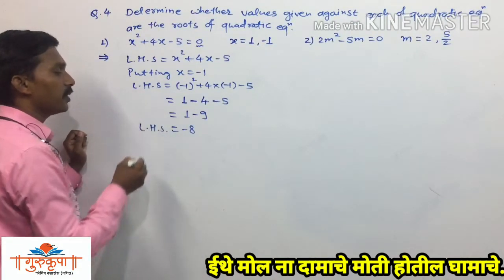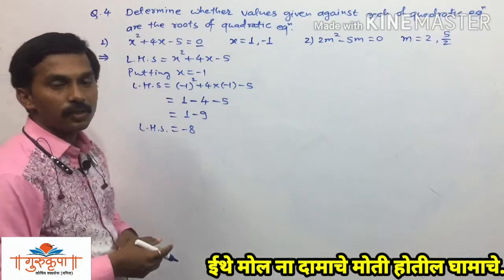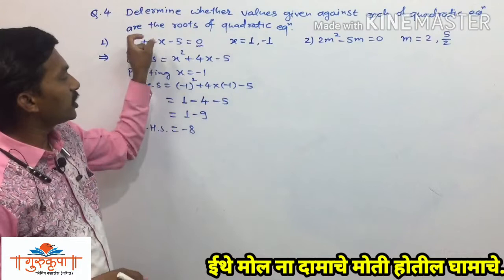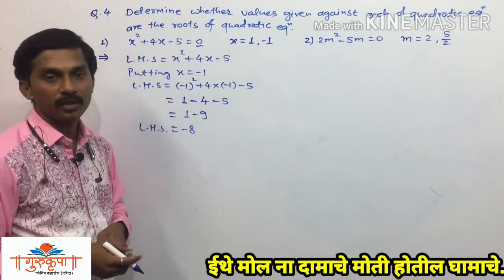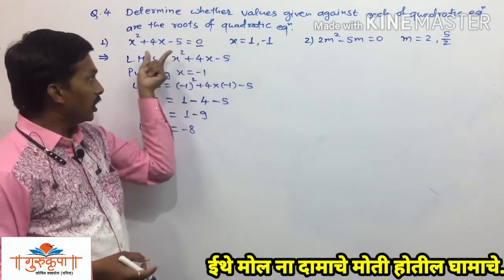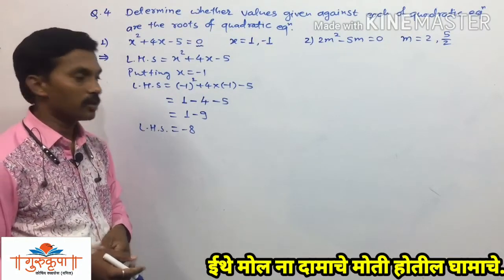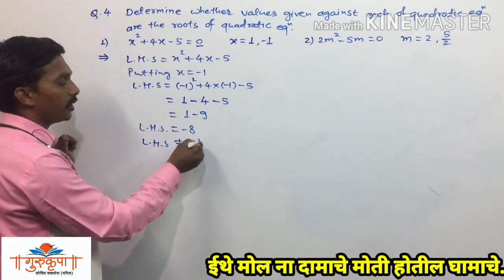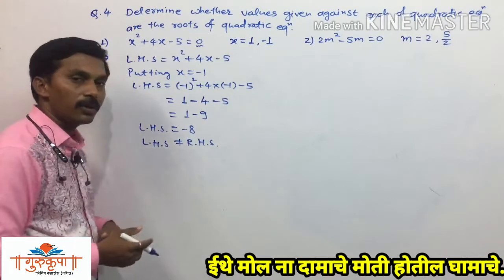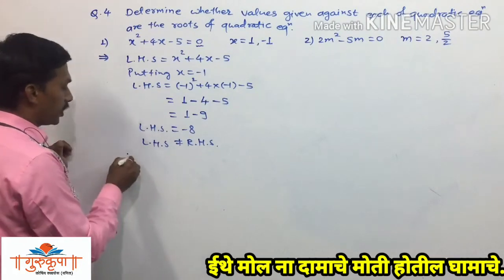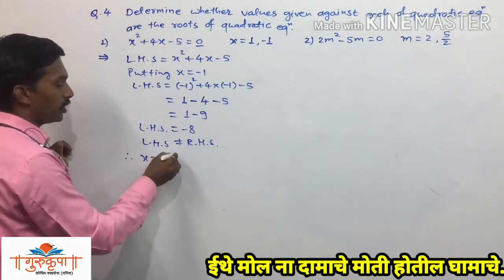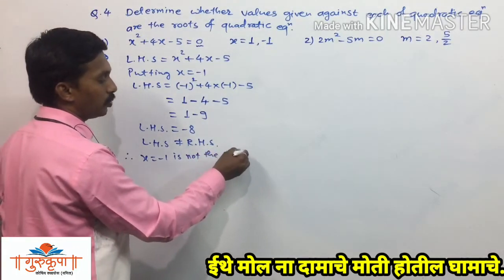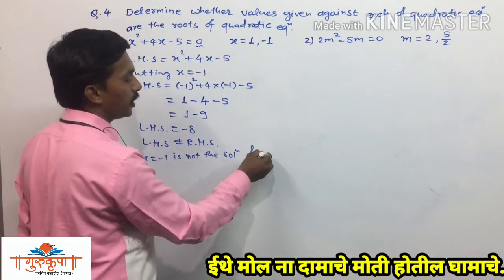Now LHS is minus 8 and RHS is 0, which are not equal, which means x is equal to minus 1 does not satisfy the given quadratic equation. So LHS is not equal to RHS, and therefore x is equal to minus 1 is not the solution of the given quadratic equation.